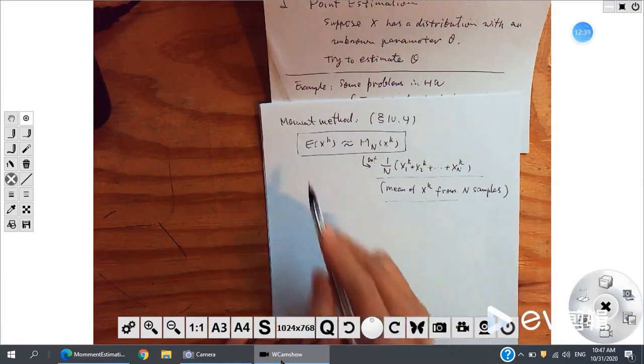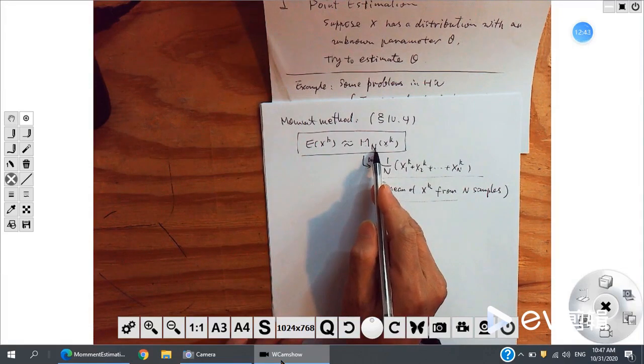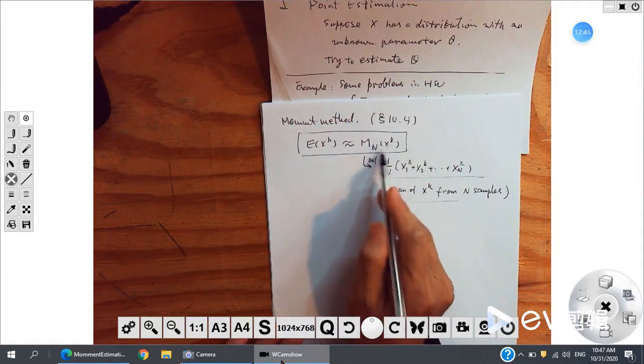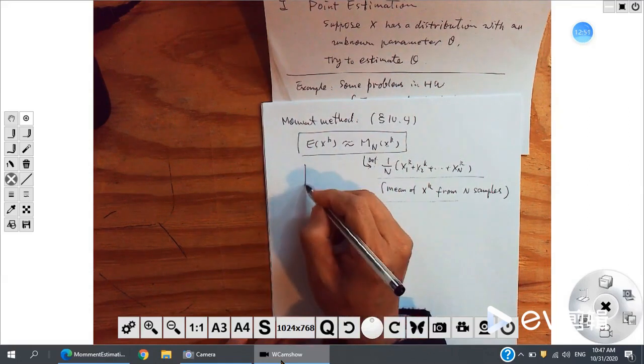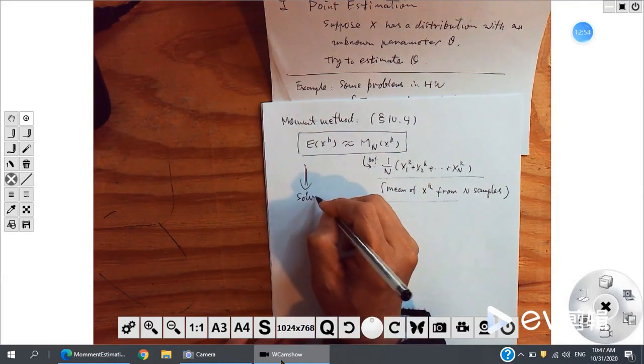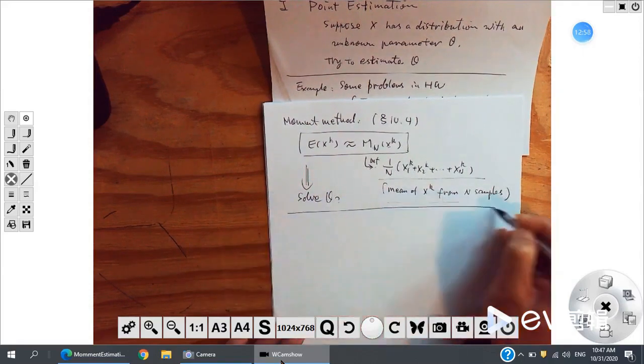And we just let E of X^k equal to this one. Now this one is a single value you can calculate, right? Then let this one equal to this one, then you can solve.